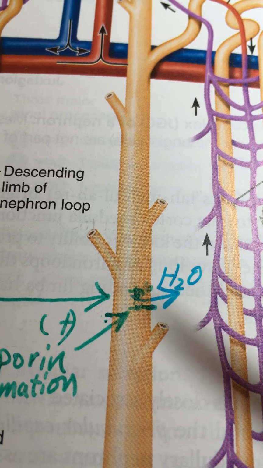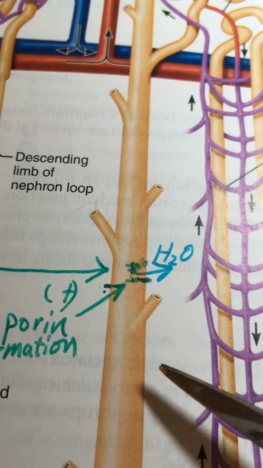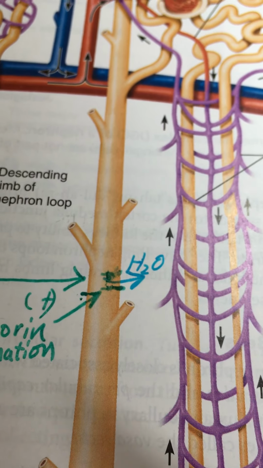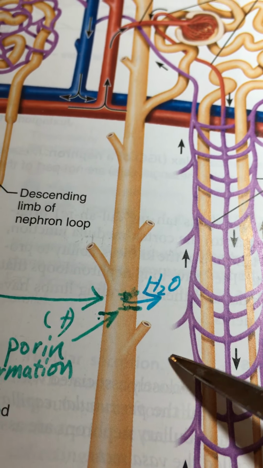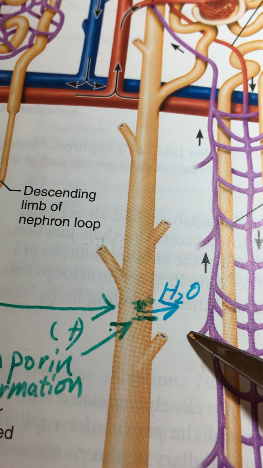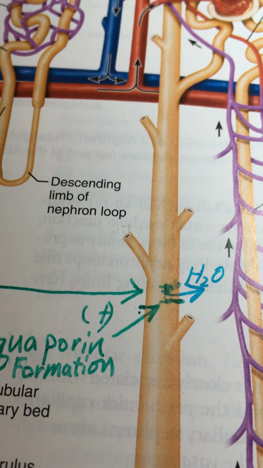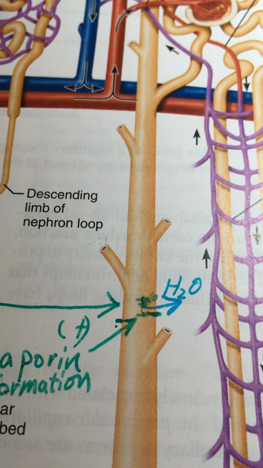Sometimes it brings some urea with it, but mostly it's just the water. We'll talk about why urea plays a role in the extracellular fluid out here in the kidney. It adds to the electrolyte tonicity. So we'll pick that up in our next episode.